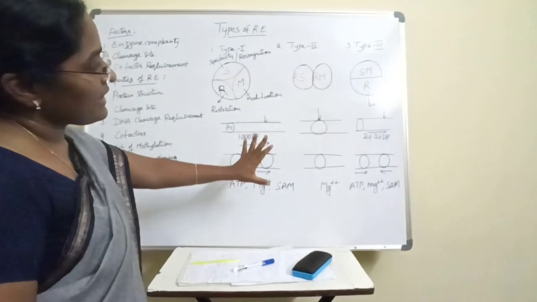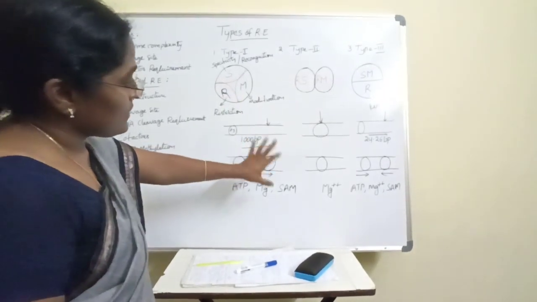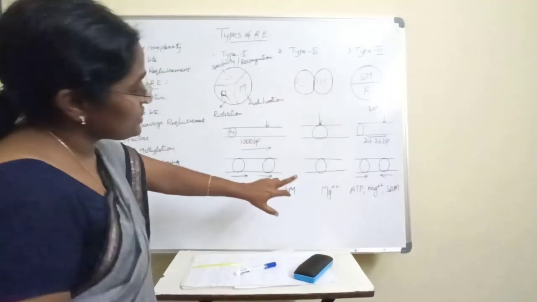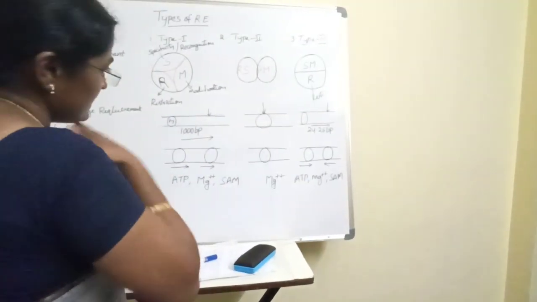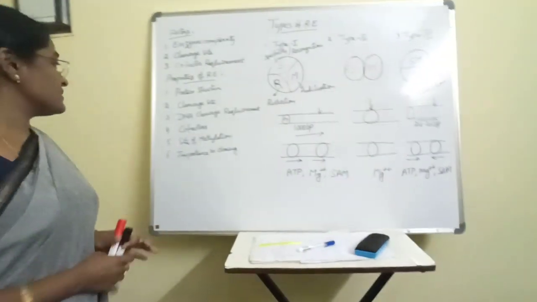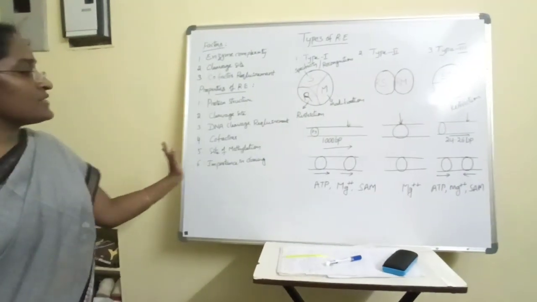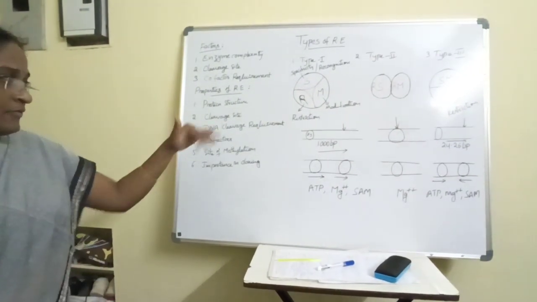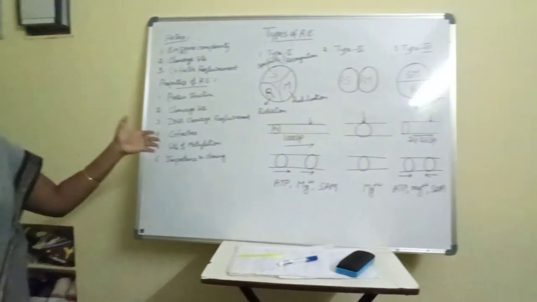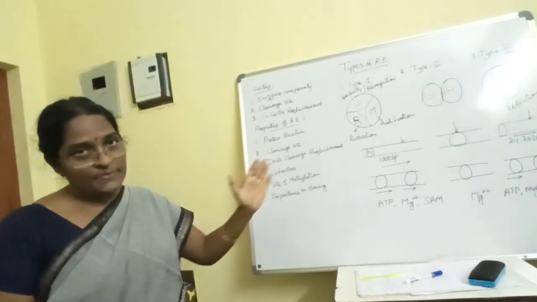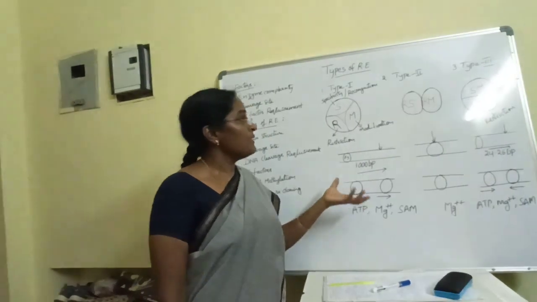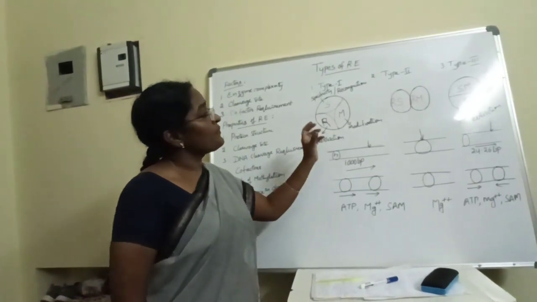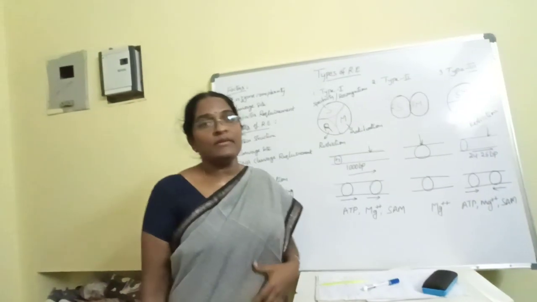Only magnesium ions are used for type 2 enzymes, and type 3 uses ATP, magnesium and SAM. Site of methylation is the same for all of the enzymes. For importance in cloning, only type 2 enzymes are important because they have specific properties. Thank you.